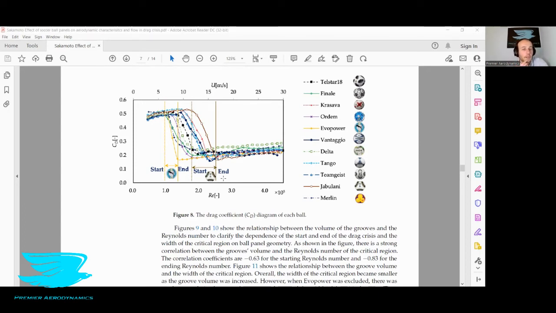So in this graph, as mentioned, the range that the critical region occurs over is very important, but also the onset of it.